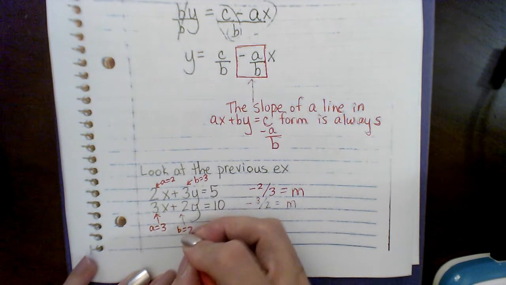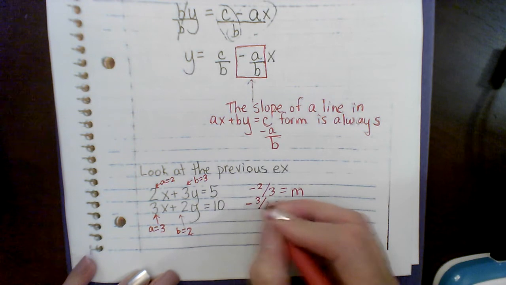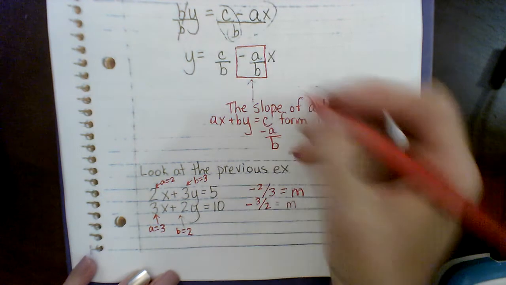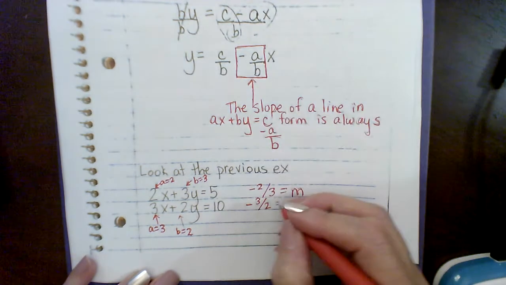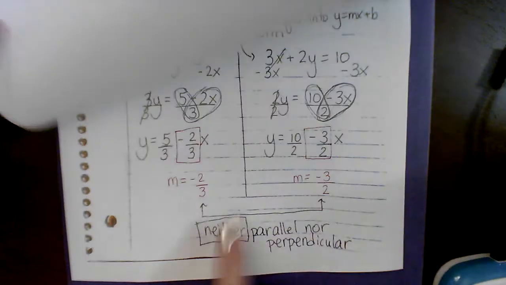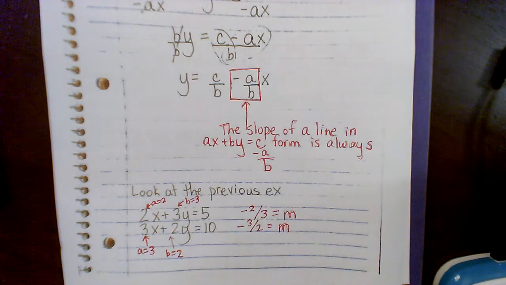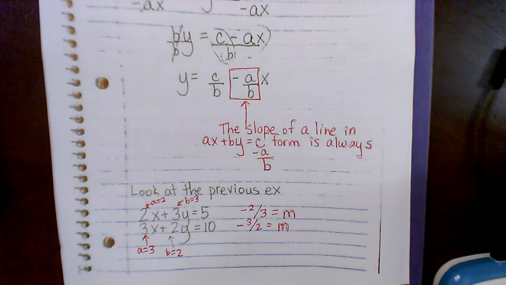My b value is 2, the coefficient of y, so negative a over b, the negative is just part of this formula, and that is my other slope. Now if we flip back really quick, we can see that that's exactly what we got for the two slopes, with just a lot more work. So this method is super duper helpful.